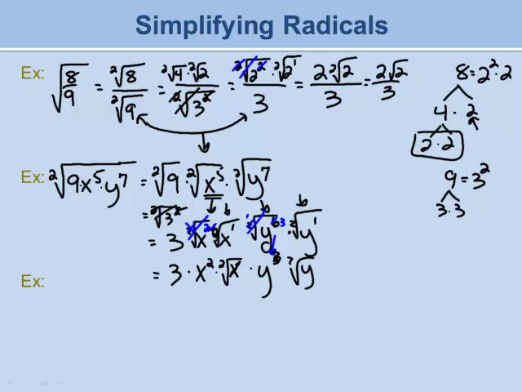So now what we're going to do, having simplified each factor, is combine everything back into one radical. Start with the factors that have no radical sign and write those first. We've got 3 times x squared times y cubed. So that gives us 3x squared y cubed. And then recombine your radicals.